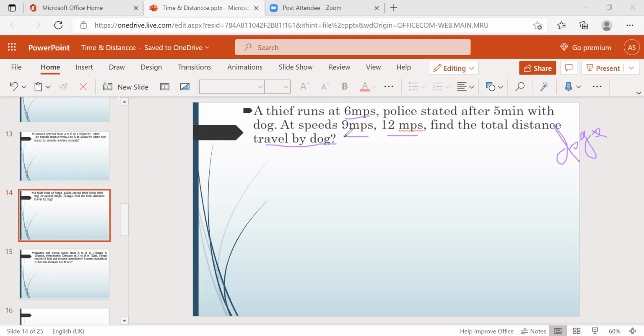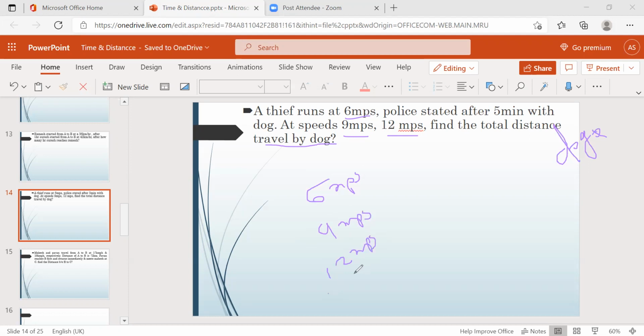It is not about the police, it is the distance by the dog, right? Now don't think about ratios and everything. First, analysis. Thief speed is 6 meters per second, police speed is 9 meters per second, and dog speed is 12 meters per second.